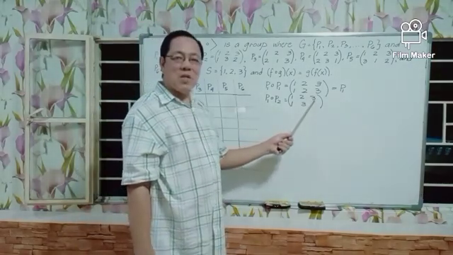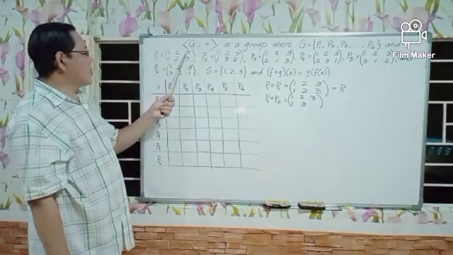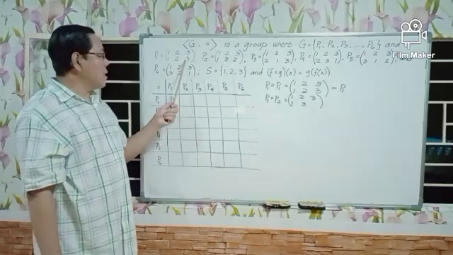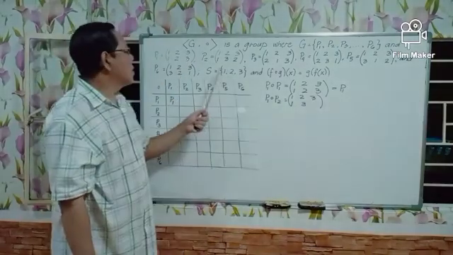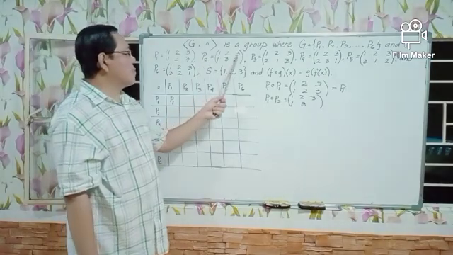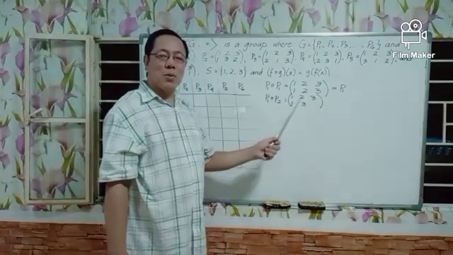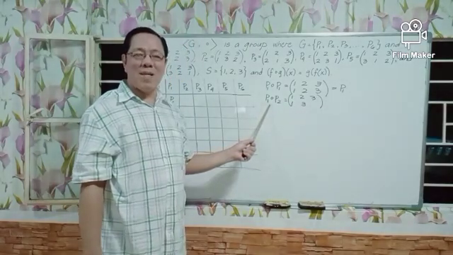Now we find the image of 3 under P1, which is 3. And under P2, the image of 3 is 2. Therefore, 3 is assigned to 2 under the composition of P1 and P2.